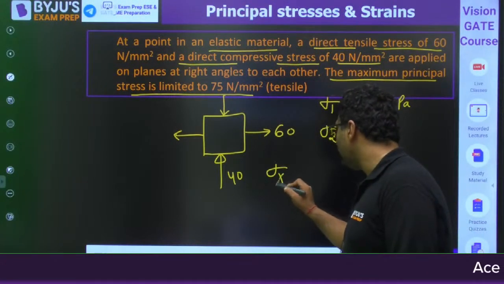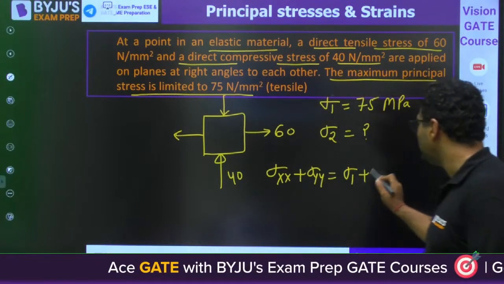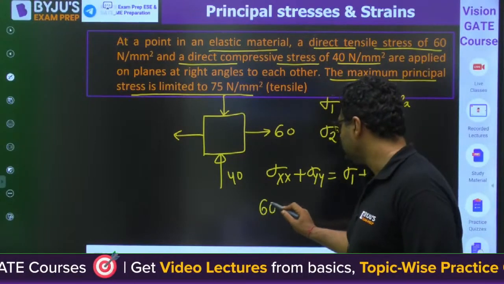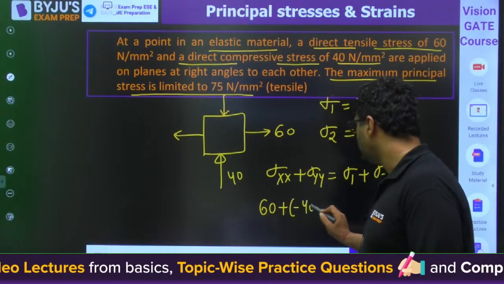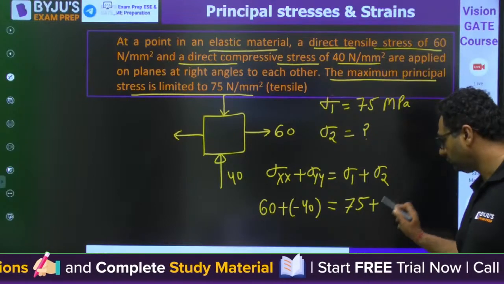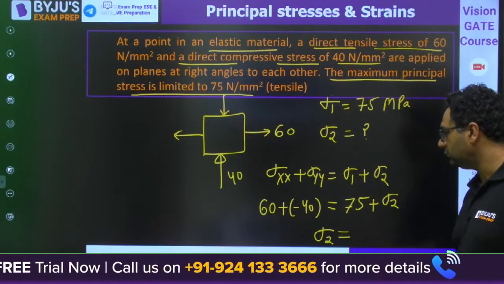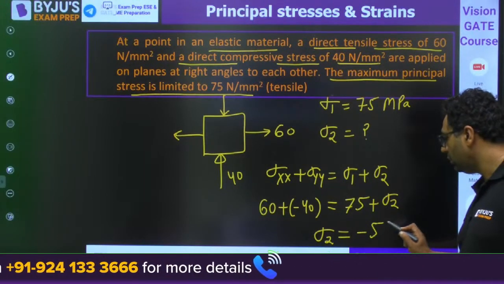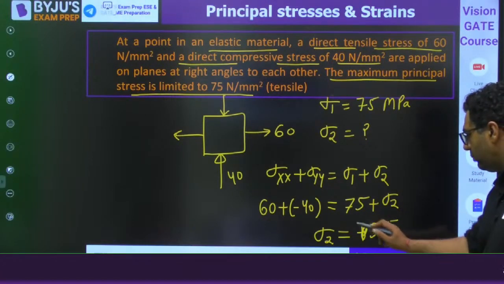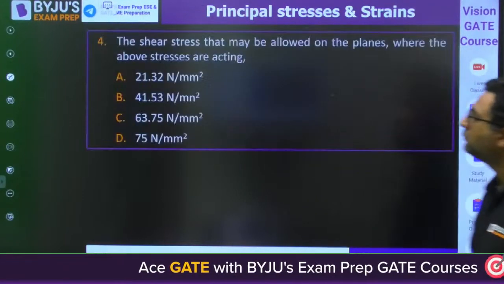You already know sigma XX plus sigma YY is sigma 1 plus sigma 2. So what is sigma XX? 60. Sigma 2 will be minus 55. Answer is correct.